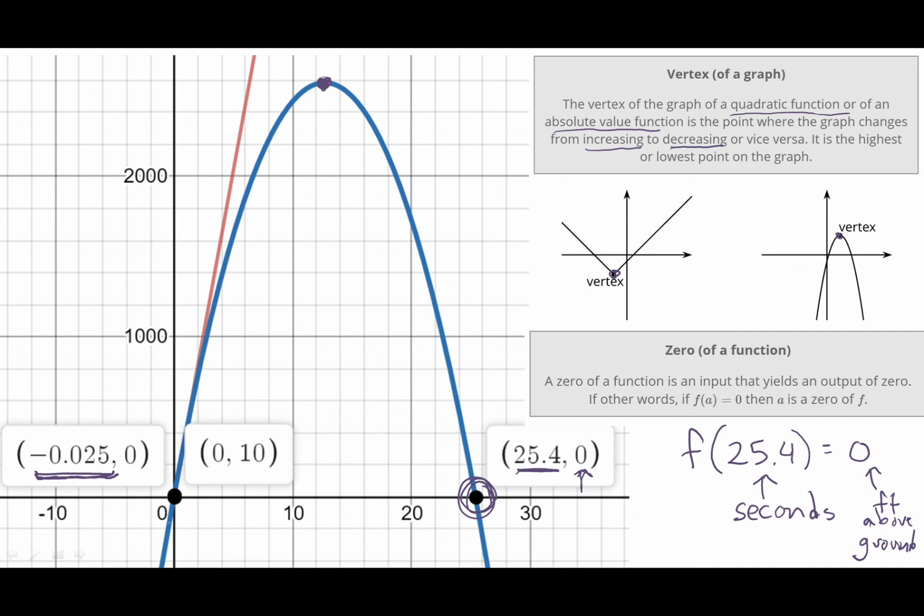So even though our parabola, if we were to graph the function, touches the x-axis at negative 0.025, which would be another 0 of the function, it doesn't make sense in the story to say that the cannonball touched the ground at negative 0.025 seconds. So in that case, that one doesn't really matter in our real world situation. We come back down to the ground after 25.4 seconds. That's our 0 of the function.